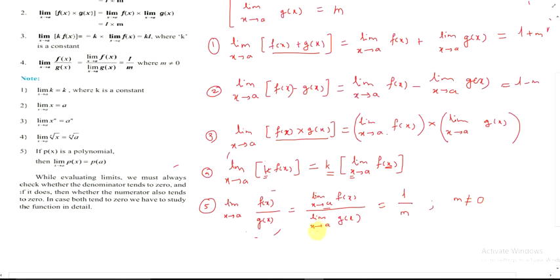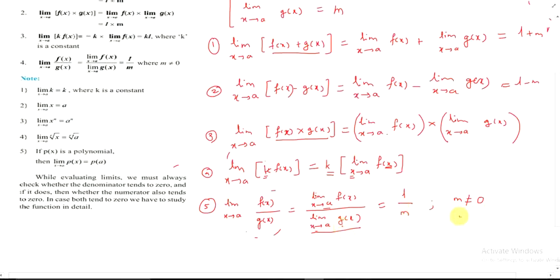If this limit exists and is equal to 0, then our function reaches an undefined form, and we do not want this. So first we have to verify that the limit of the denominator should not be equal to 0.